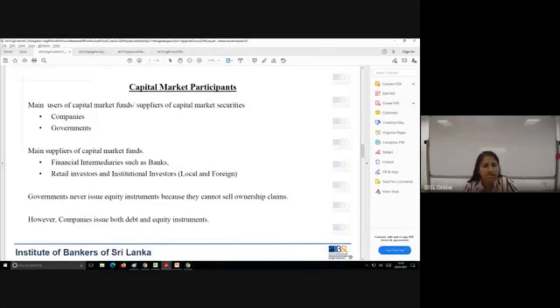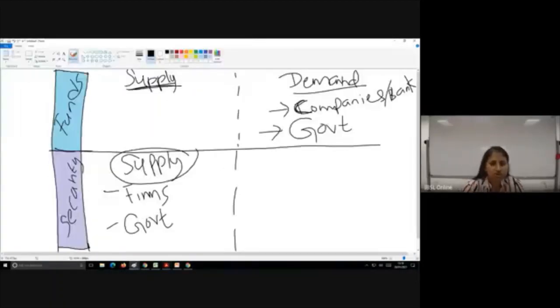Who are the main suppliers of the capital funds? Now here, who is going to supply you your funds? That is going to be financial institutions, again like banks, or you might have investors.